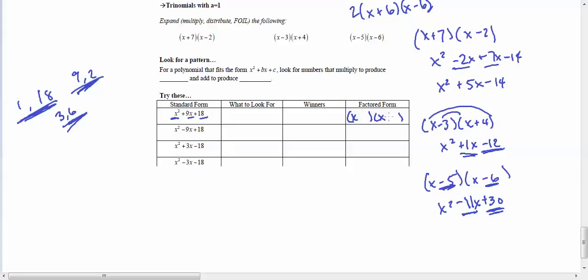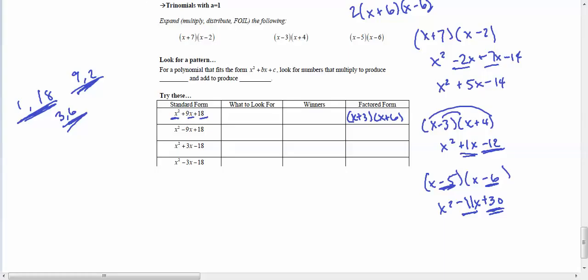What is the middle number of this first trinomial? 9. So which of these pairs will add up to be 9? 1 plus 18 is 19. That's not good. 9 plus 2 is 11. 3 plus 6 would work. It would have to be a positive 3 and a positive 6. Good.